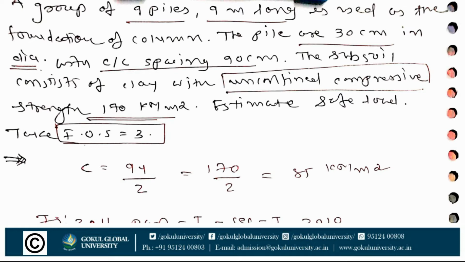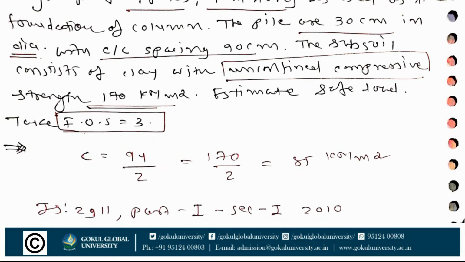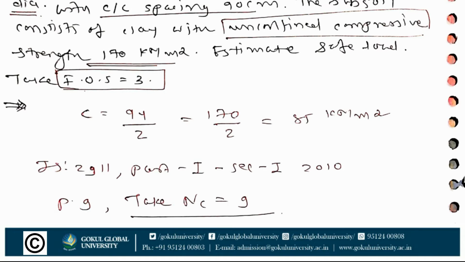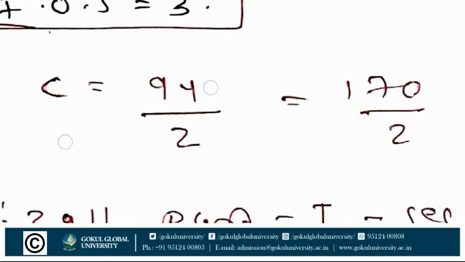The subsoil consists of clay with unconfined compressive strength. Here the unconfined compressive strength Qu is given. Estimate the safe load and take a factor of safety of 3. It means we have to calculate the safe load, and the factor of safety is already given as 3. First of all, C is equal to Qu by 2.